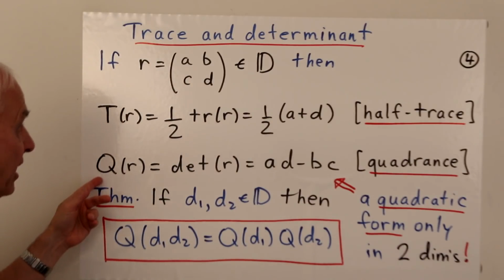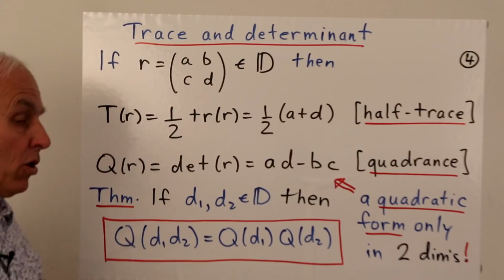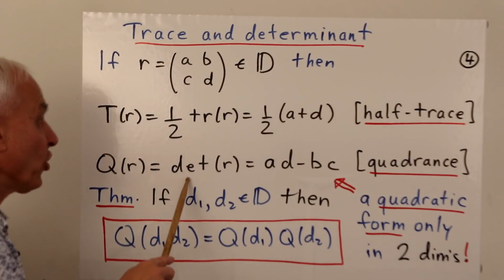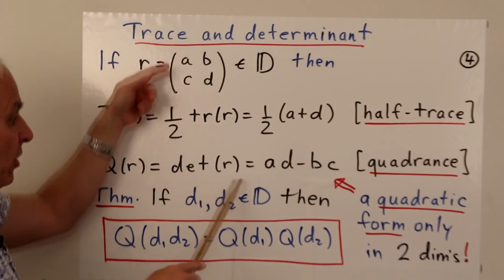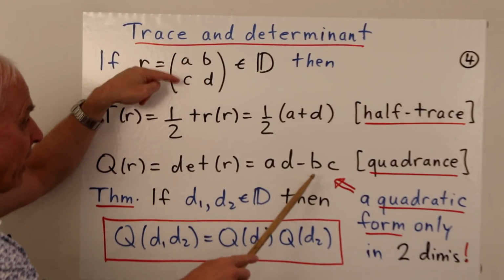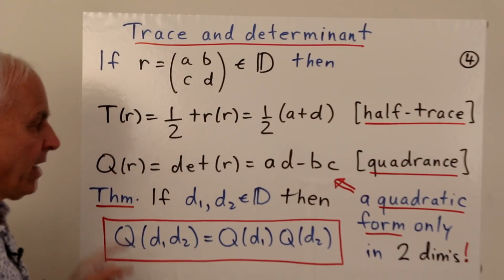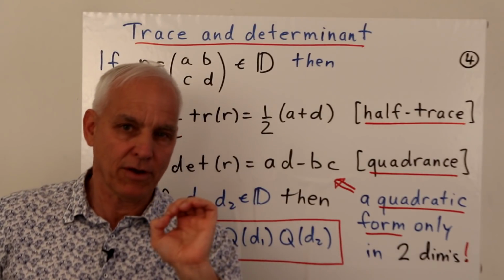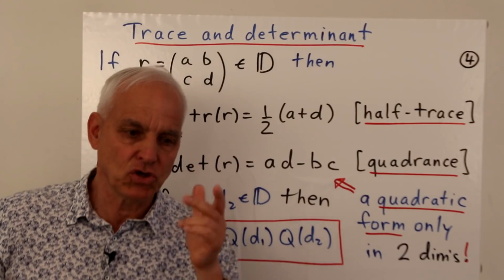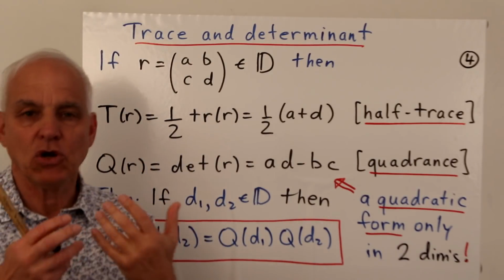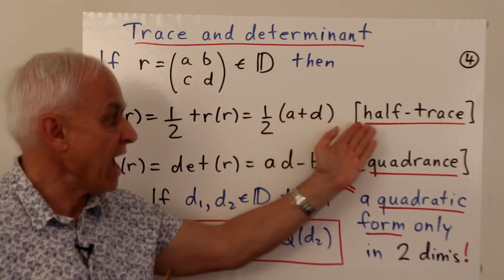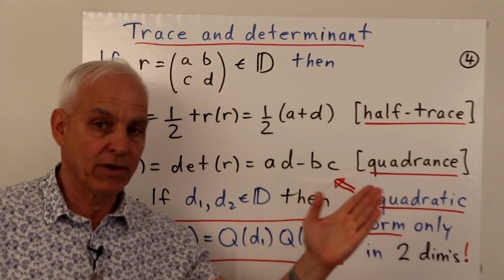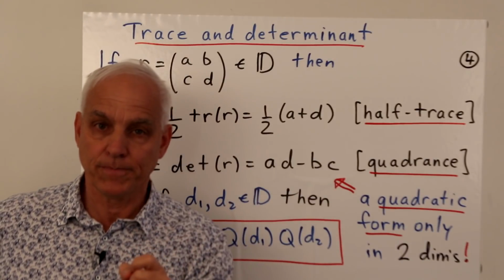Okay, and then the second important quantity is what we're going to call Q of R. Q of R is the determinant of this 2 by 2 matrix, which is AD minus BC. And we're going to say that's the quadrance of the dihedron. Okay, so we're introducing two quantities associated with a dihedron. Its half trace, capital T, and its quadrance, capital Q.